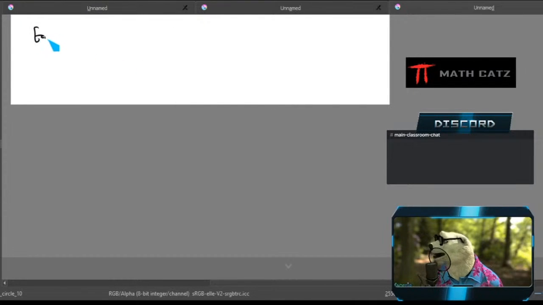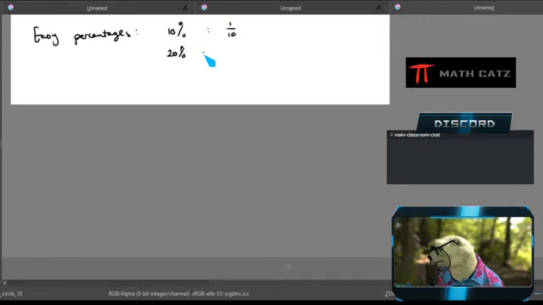Let's say here, easy percentages. Sometimes I can get very close, sometimes I can't. Definitely 10% is an easy one, just a tenth, so dividing by 10. 20% would be a fifth.